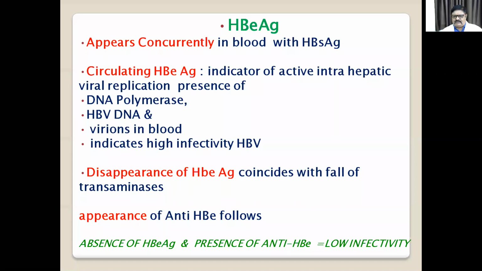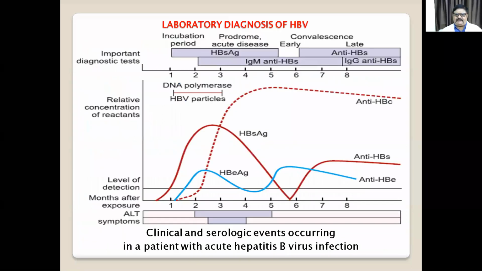Appearance of anti-HBe follows, that is anti-HBe antibodies, and absence of HBe antigen with presence of anti-HBe antibody means low infectivity. These are all important figures and words that you have to remember, because in interpretation of a result, these are all important.